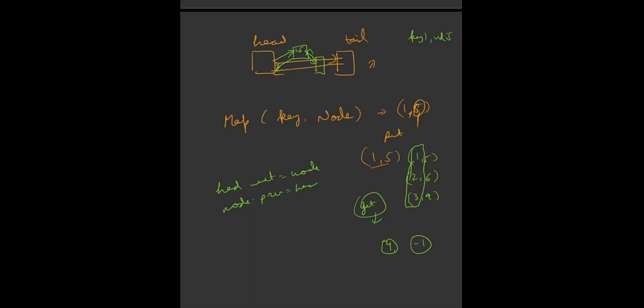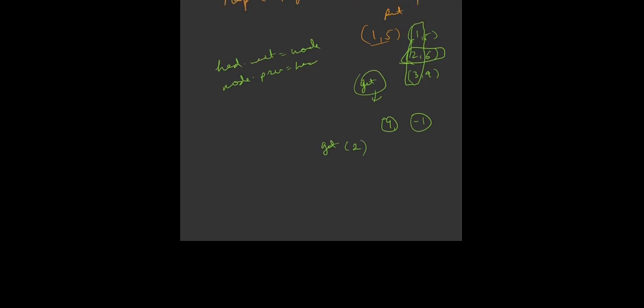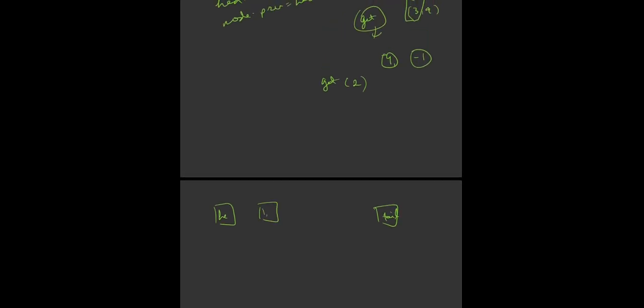But say we get a get operation on key 2. In our list, which has head and tail, we have elements like 1,5, 2,6 and 3,9, pointing front and back.